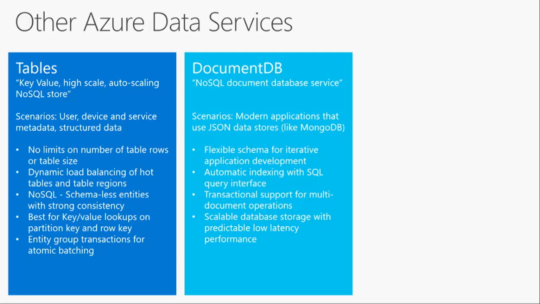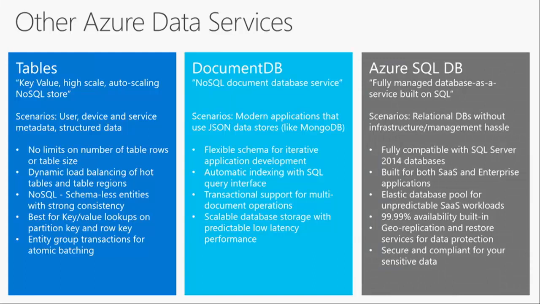First of all, we automatically go and index all of the properties within your document, and we expose a rich query interface, transactional scoping, and we can do all this with very low latency. So if the nature of your data is primarily documents, consider DocumentDB as a strategy for storing that data.